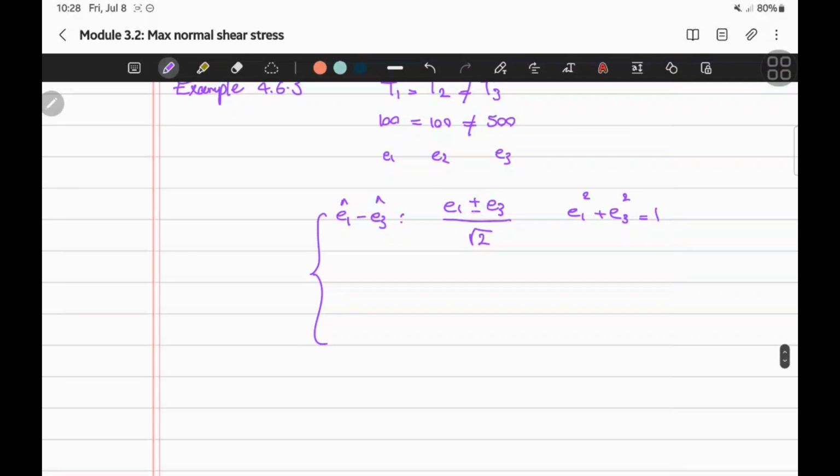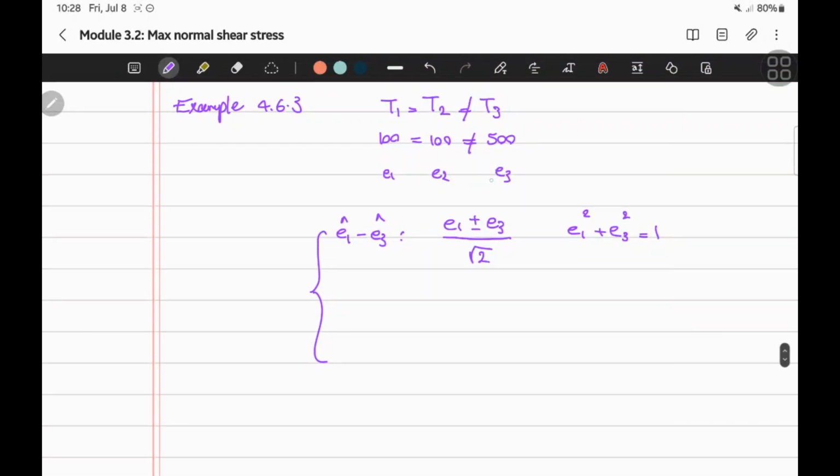So that's why we include both positive and negative. And then we can have one between E2 and E3, so it is E2 plus minus E3 divided by square root of 2, where E2 plus E3 is equal to 1.